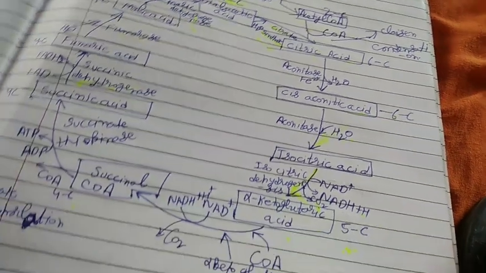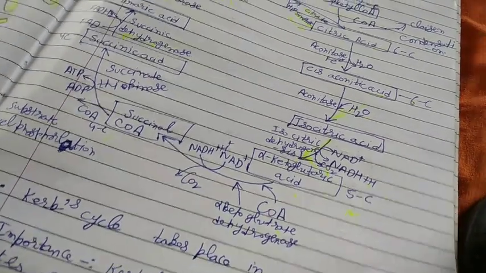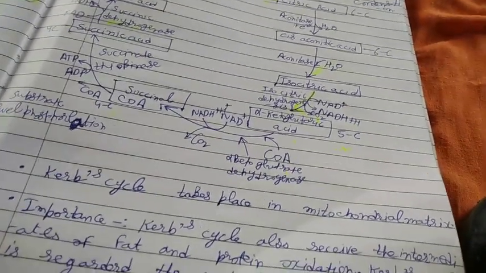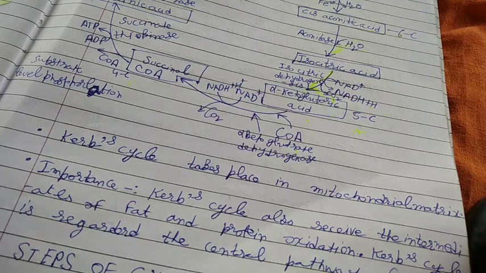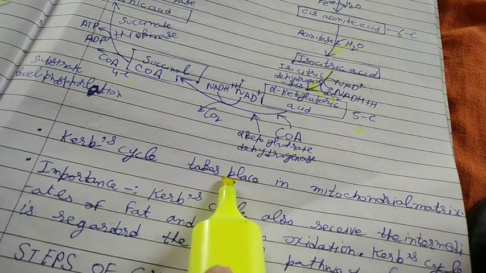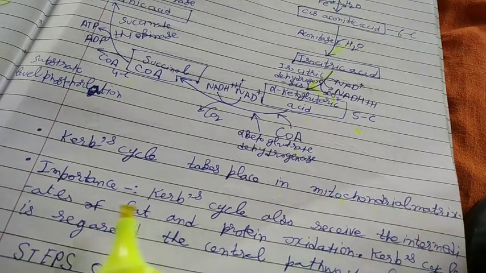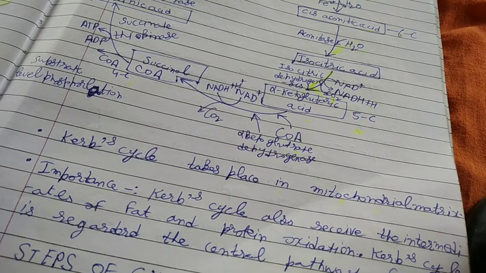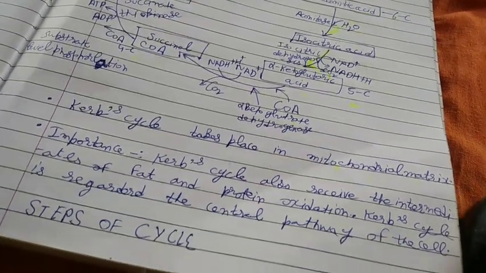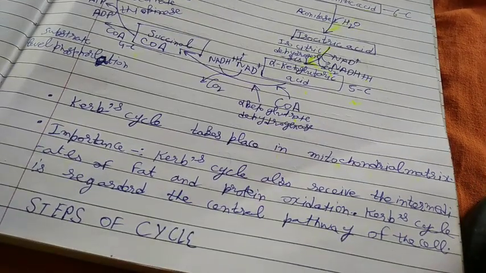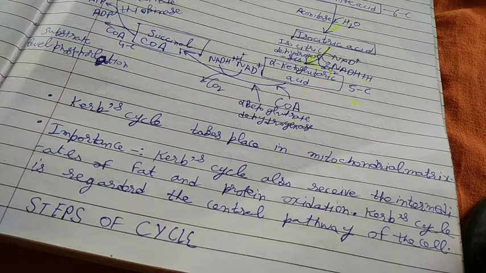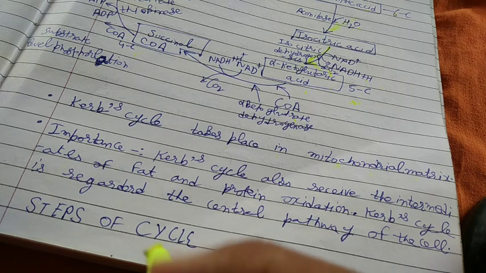So guys, now the theory portion is started, and the Krebs cycle takes place in the mitochondrial matrix. And now importance, this can come in exam in a short question of half marks or 1 mark.